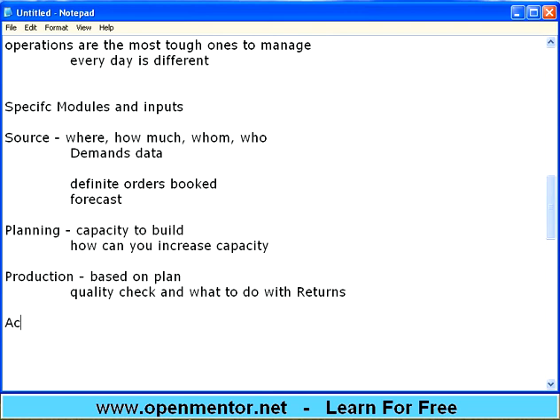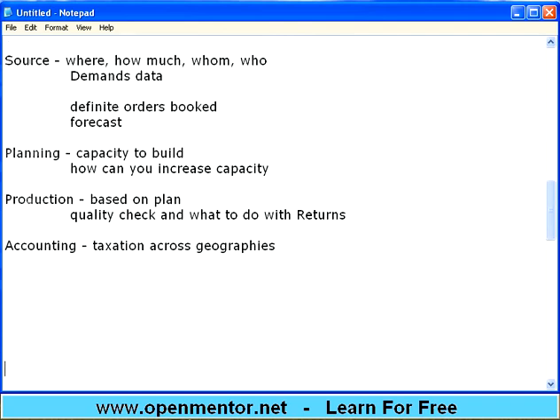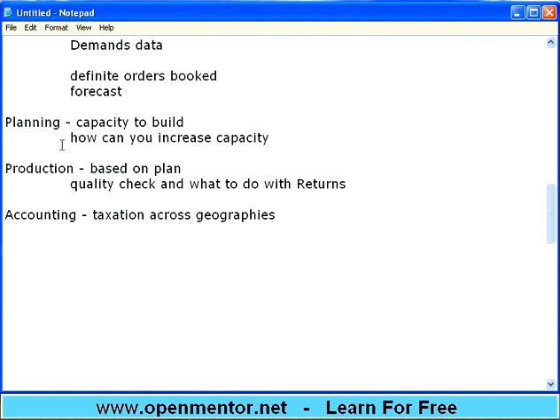When it comes to accounting, they need to know the taxation across geographies. The taxation varies from state to state, country to country. So when you are moving goods from one place to the other, right, you'll get so many things: sales tax, octroi, maybe check post costs or insurance cost, and then value added tax for finished goods.